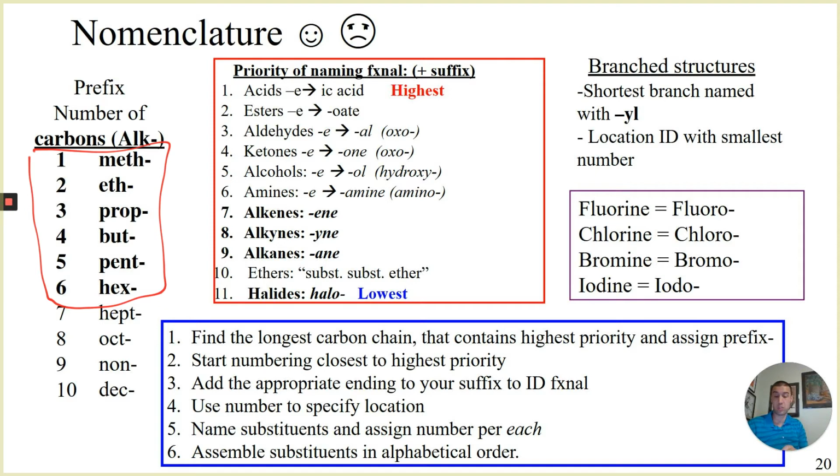When we look at the priority of naming, you'll notice that there is some bolding within that. That bolding is really an artifact of calling out particular functional groups. This is a copy of the nomenclature slide from when I was talking about alkenes, alkynes, alkanes, and halides, which is why those are bolded. But really, you're responsible for all of those.